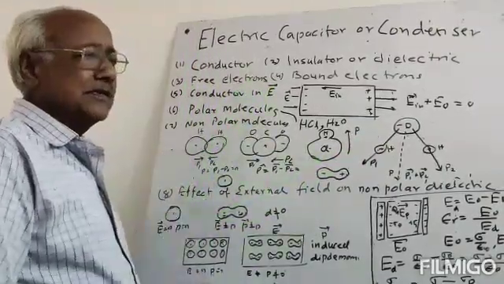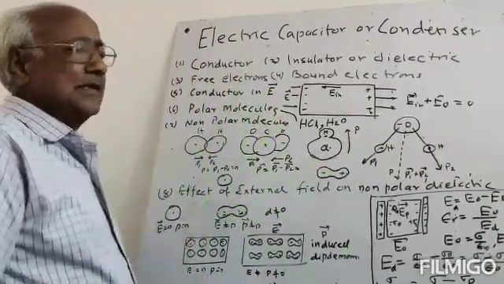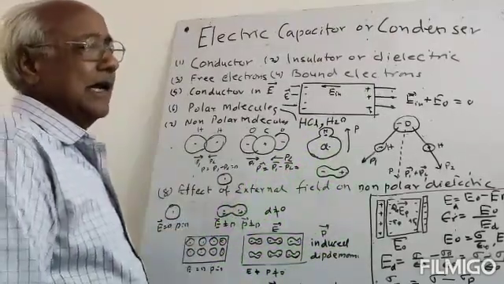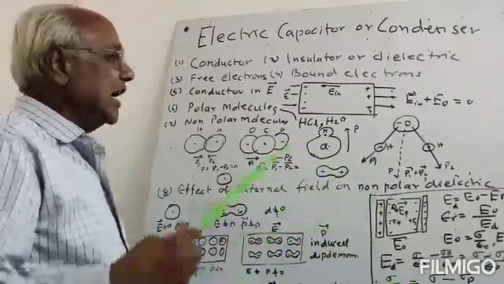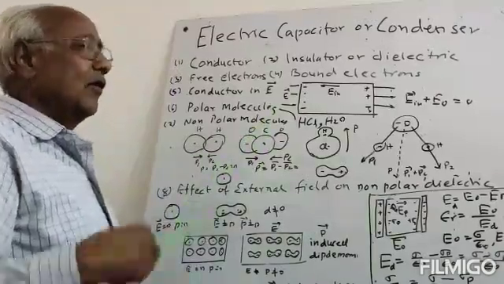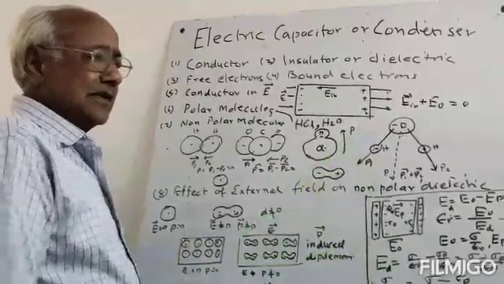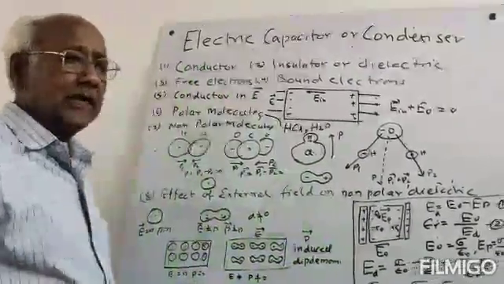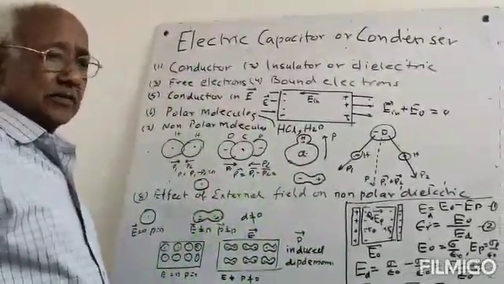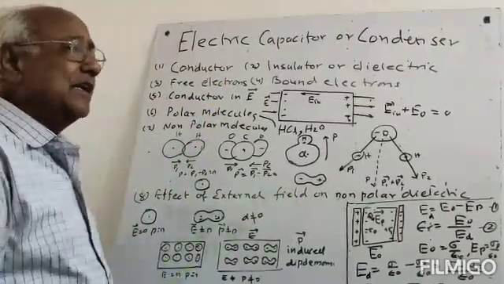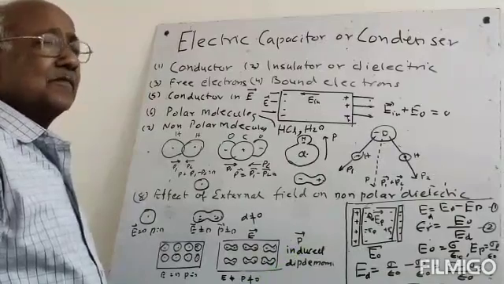In the atomic structure, we have a nucleus of the atom surrounded by electrons. And these electrons are circulating or rotating around the nucleus in different orbits. The electron which is in the last orbit is known as the valence electron. The valence electron has less affinity with the nucleus.